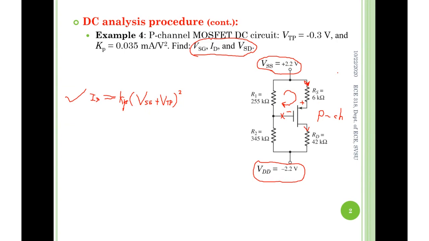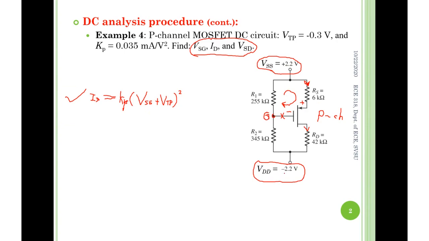First of all, the volt divider Kevin mentioned: this is the gate, G. To write the VSG loop KVL up here, you definitely need the voltage at the gate, maybe with respect to the ground, maybe with respect to the negative 2.2.